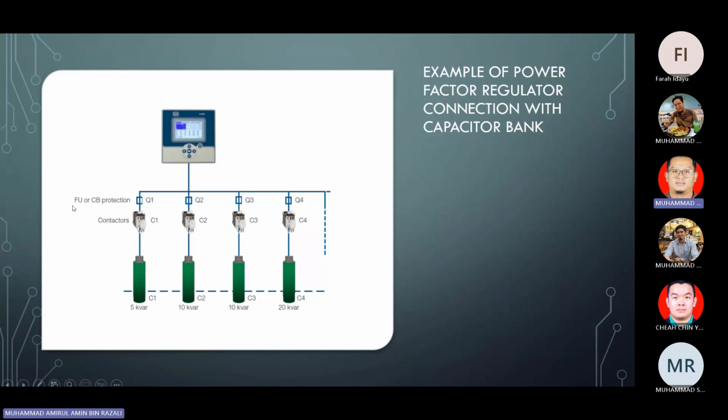We can see we have a connector to each capacitor, and we have circuit breaker protection, and then the connection goes directly to the power factor meter.